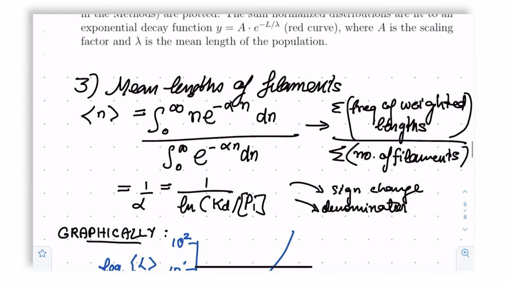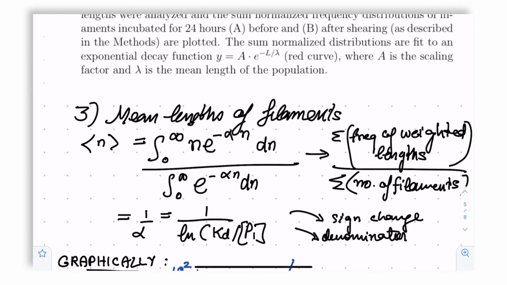What about means? Well, it's fairly straightforward. If you want the mean of something, then you need to take the frequency weighted lengths and divide it by the number of filaments. That's what the average means. So to do that, we need to integrate over all lengths n, the weight of that filament, times the distribution e to the power minus alpha n, and divide simply by the frequency, summed over all lengths.